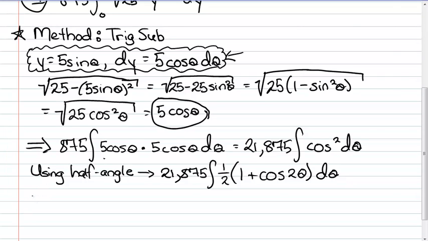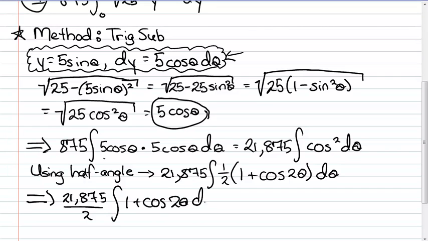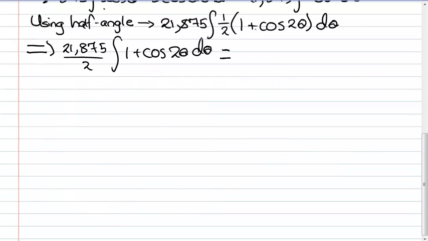Once we do that, we're going to have 21,875 divided by 2 times the integral of 1 plus cosine 2 theta d theta. Time to integrate. When we integrate this, we're going to end up with an answer that looks like 21,875 divided by 2 times (theta plus 1/2 sine 2 theta).